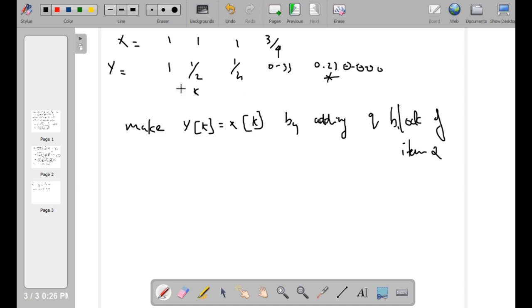If we ask him to add some more quantity to this item 2, he has to decrease the quantity of item 3, item 4, item 5, like that, isn't it? Because he has to adjust the weight or capacity of the knapsack.